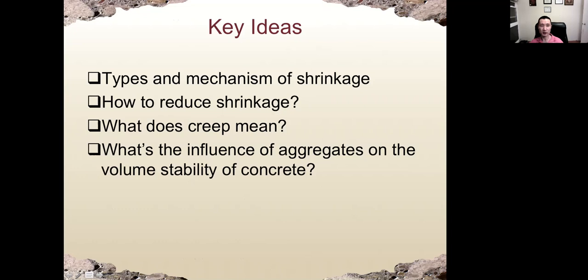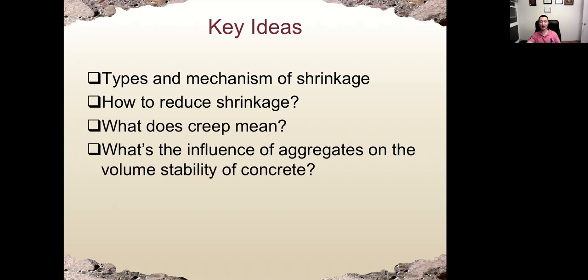All right. So today we discussed shrinkage and creep. Okay. Basically, the viscous component of concrete. The volume or the length of concrete will change over time. Okay. We discussed different types of shrinkage, from plastic shrinkage to drying shrinkage to chemical shrinkage to autogenous shrinkage.